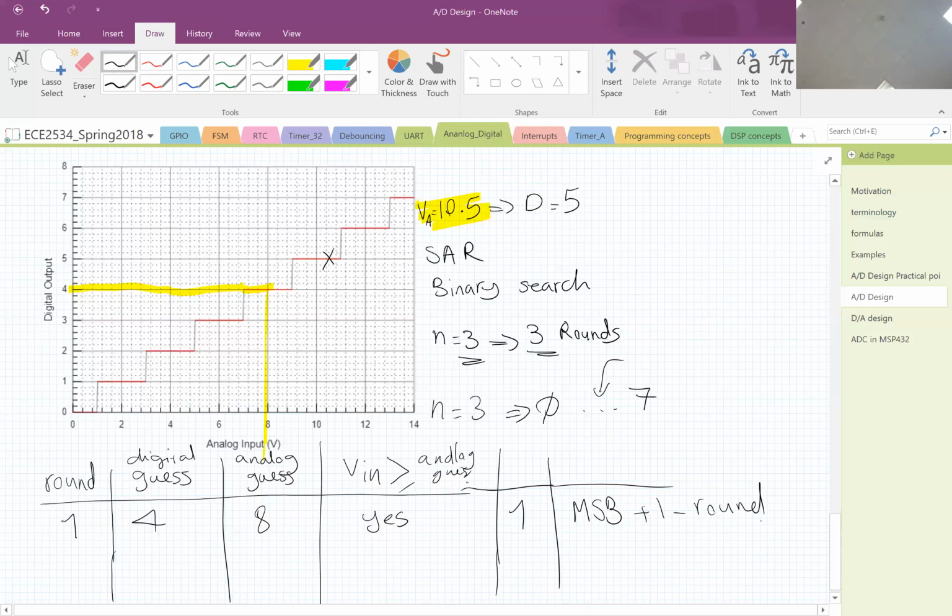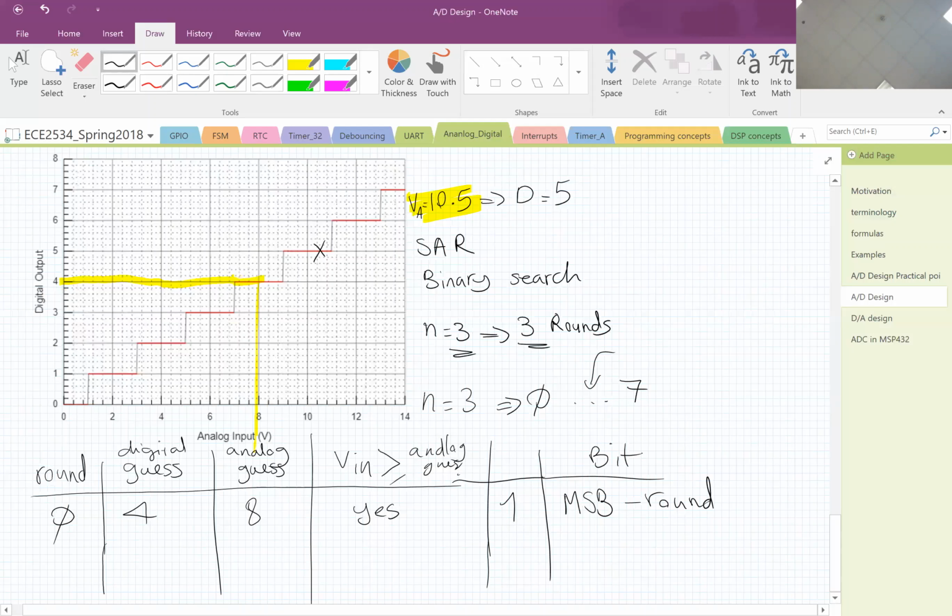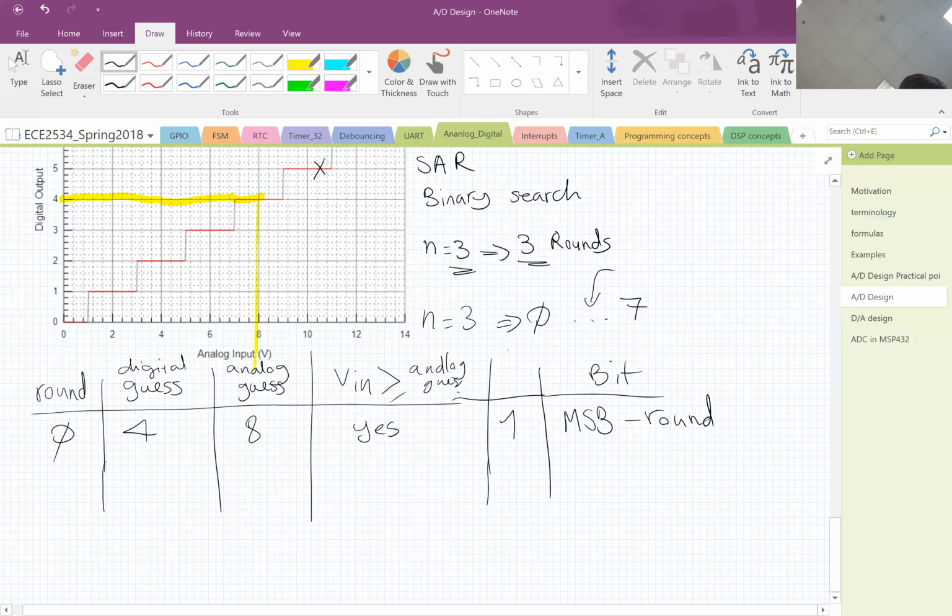Like we can change this to round 0 and then it becomes easy. So whatever round that you are looking at, the bit that you are making a decision on is the MSB minus round. For us, round is 0, so we are making a decision on bit MSB.